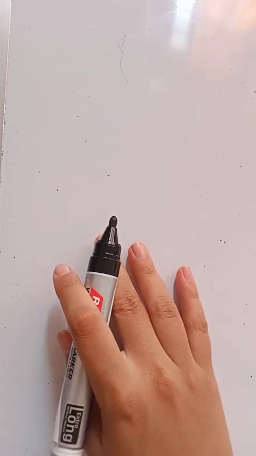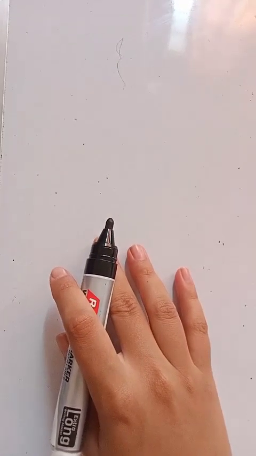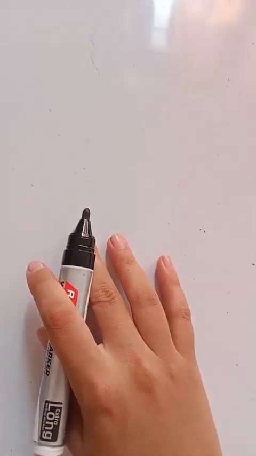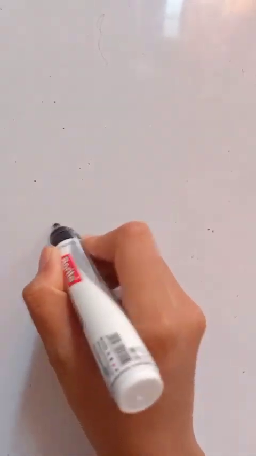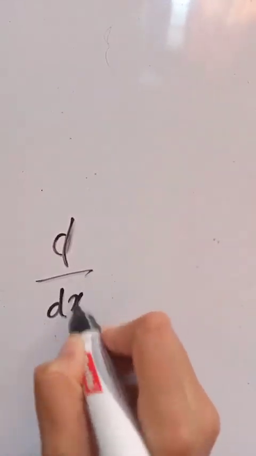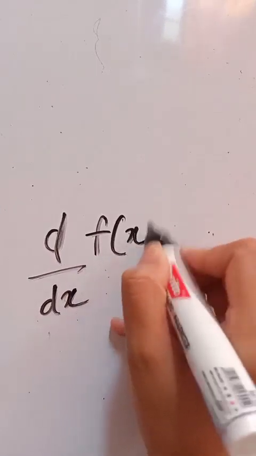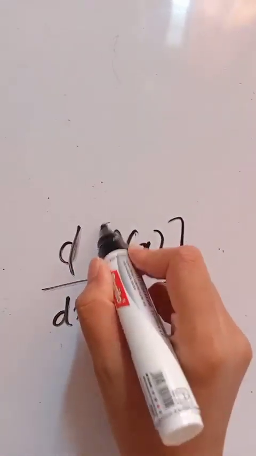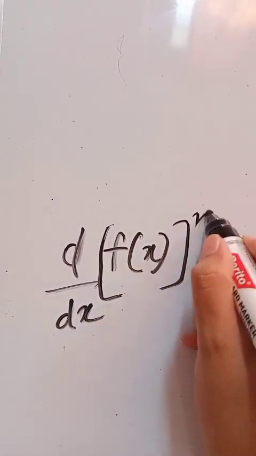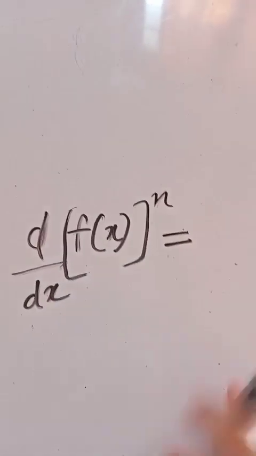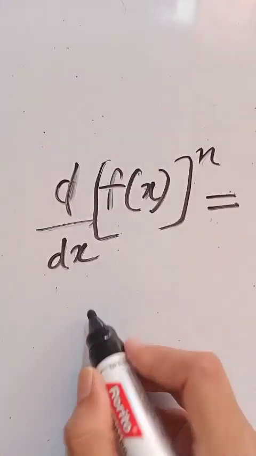Guys, next let's see how to differentiate a function of x. So let's see an example. D by dx of f of x the whole raised to n. Let's check how to differentiate this one. Before differentiating, let's recall the formula.